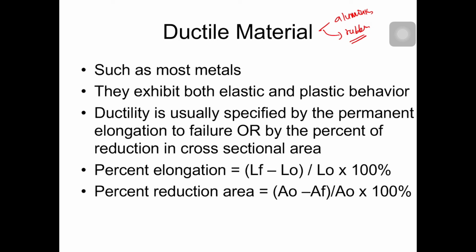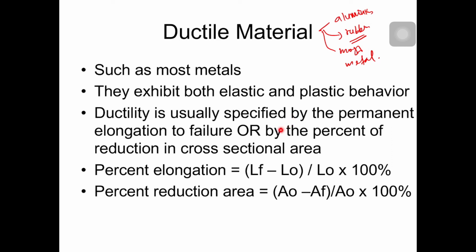Most metal is also ductile. Ductile means you can elongate more. There is a bit of both elastic and plastic. Plastic means it cannot return to its original shape. When we pull it to a certain shape, it cannot return to the original.